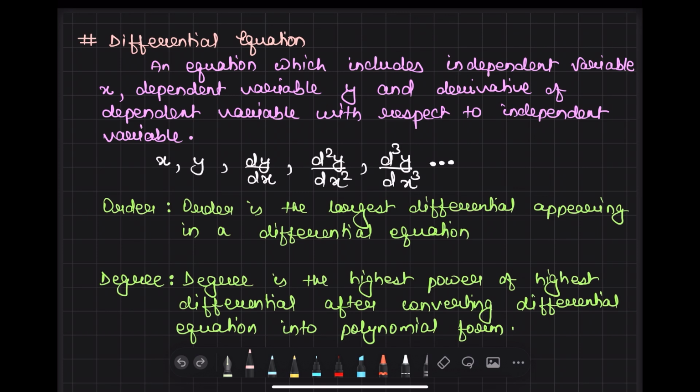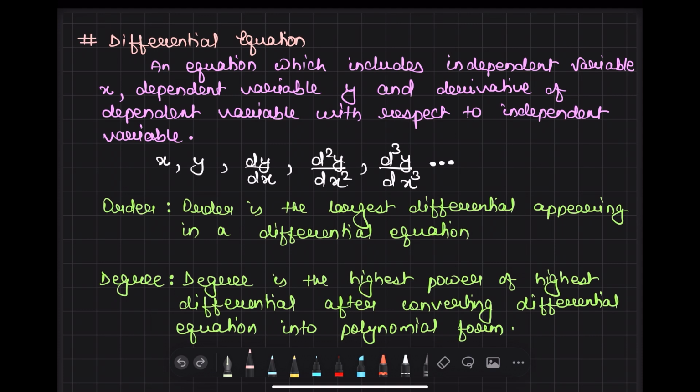Suppose in a polynomial you have a third order differential, and there are three terms in which it is involved. Among those, the highest power of d3y by dx cube will decide the degree of the polynomial after converting it into polynomial form. So first you have to convert it into polynomial form, then you respond.